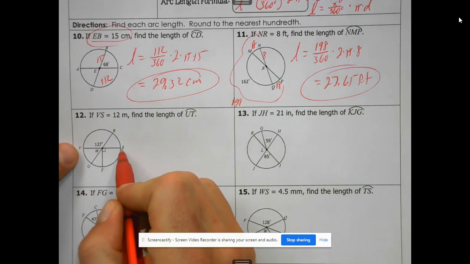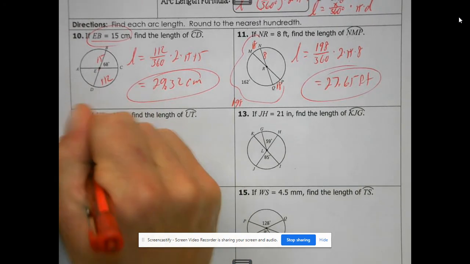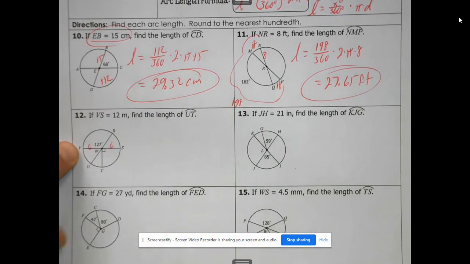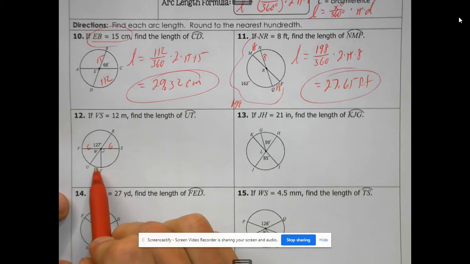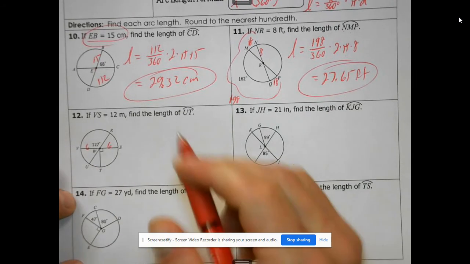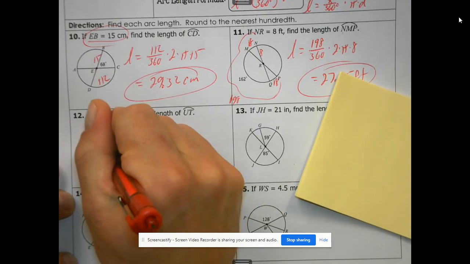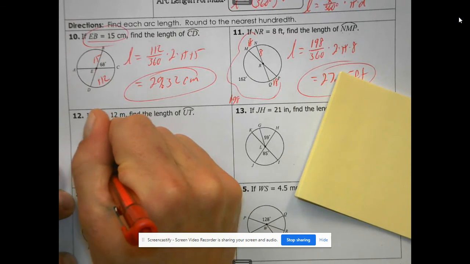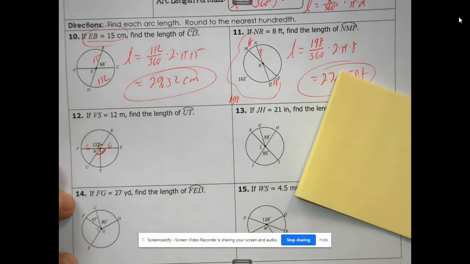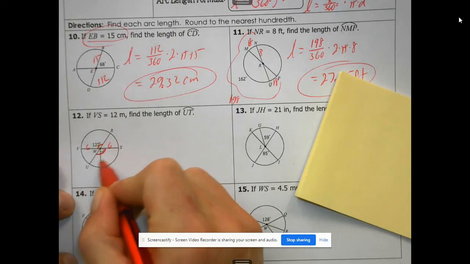V to S, now check us out. V to S is a diameter. If this whole thing is 12, each of these have to be 6, so that's your radius. Find length of UT, this piece right here. Well, we got to fill in some pieces here. We can do this. All of this is congruent to all of that. Those are vertical angles. So if this whole thing is 127, this whole thing is 127, but I've got 90 of it right here.